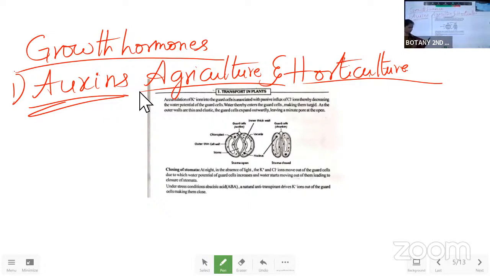How to start this answer and how to end this answer beautifully. So the auxins are the growth promoting hormones. Okay. So what we have to start, the first point in this, is that the auxins are the growth promoting hormones.